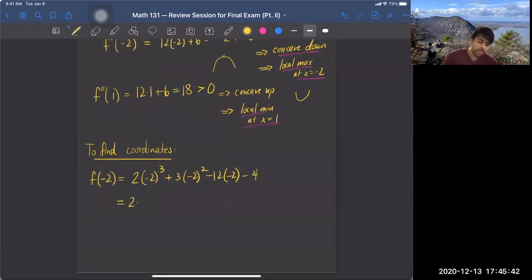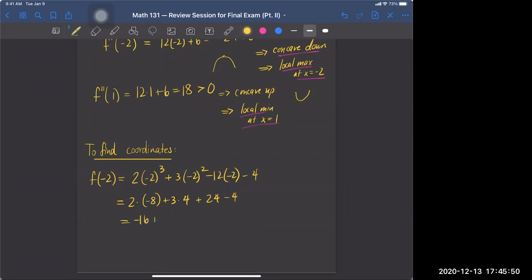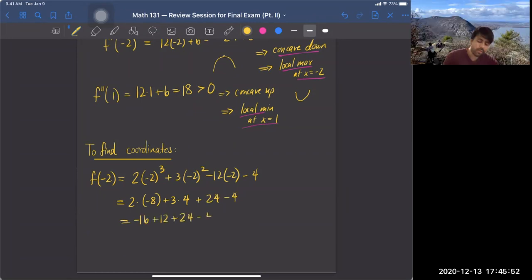This becomes 2 times -8 plus 3 times 4 plus 24 minus 4. -16 plus 12 plus 24 minus 4, and I get what? I can make this a 36, subtract 4 and I get 32, subtract 16, and I get +16. So the coordinates for the local max are -2 comma 16. So that's the first one.